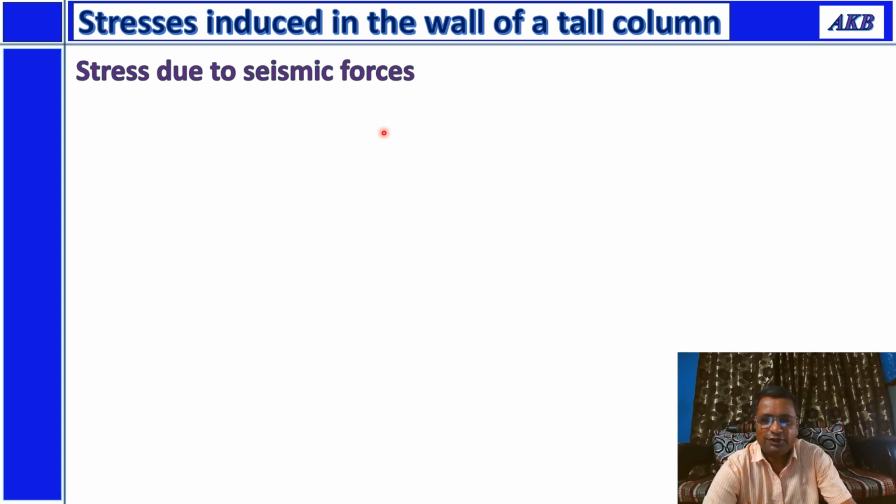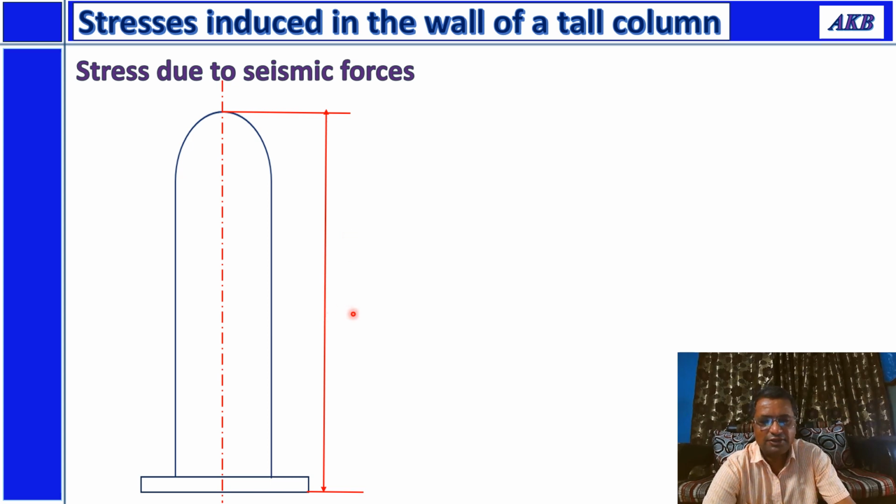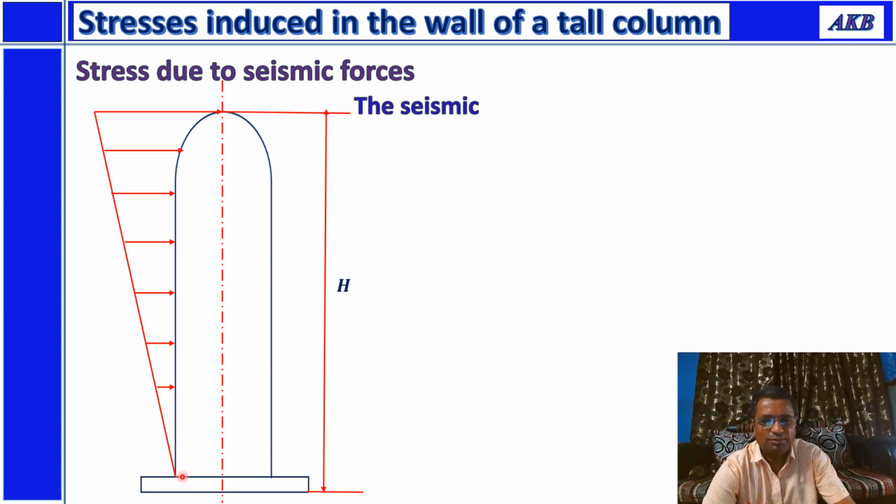Again, I have a separate video. You can watch it. For this, I'm showing you a simple schematic column, and again we are going to consider the height. Let the height of the column be h. The seismic forces will be acting in this way. It will be a triangular pattern where the apex is at the base of the column.